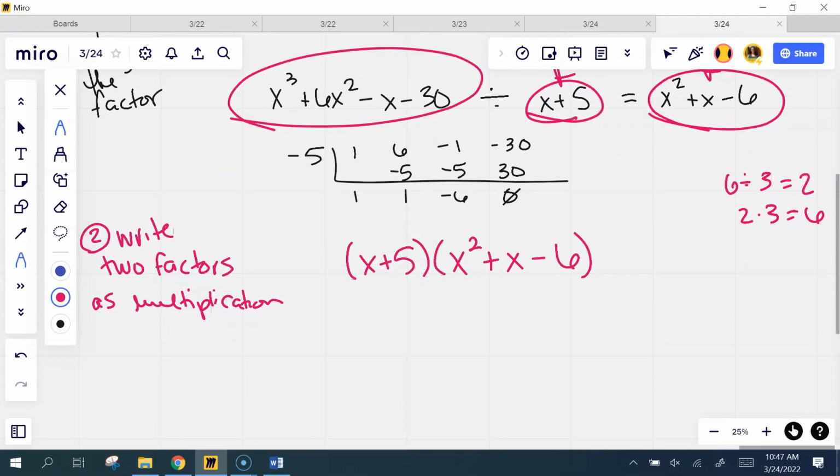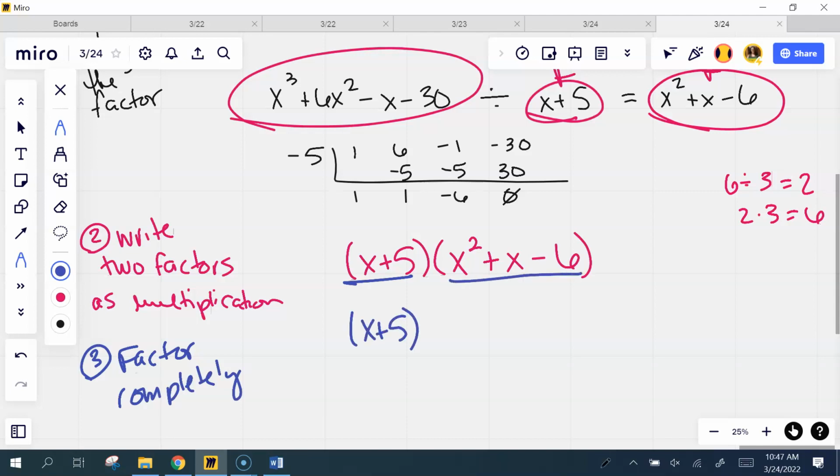Now remember, what were my directions for this problem to begin with? Factor it completely. Okay. I can finish factoring from here. X plus 5 is already factored, right? I can't do anything else with that.